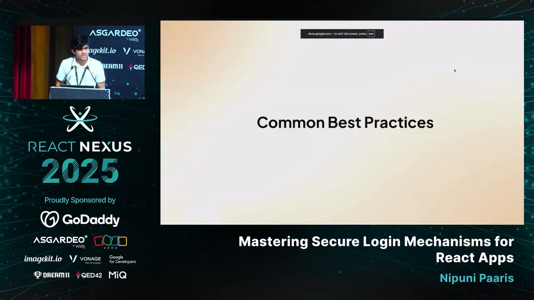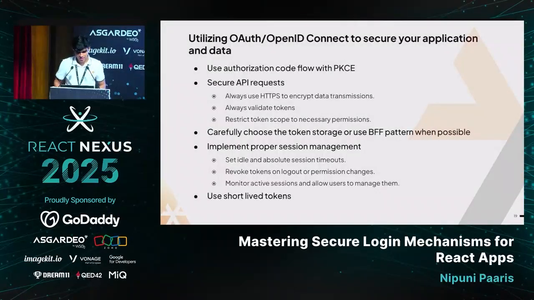The common best practices for authentication implementation, right? So most of the time utilizing OIDC to secure an application, when you register that application, it uses the authorization code grant, right?